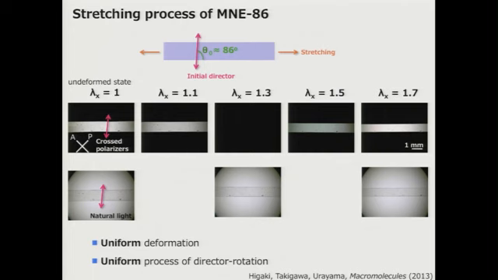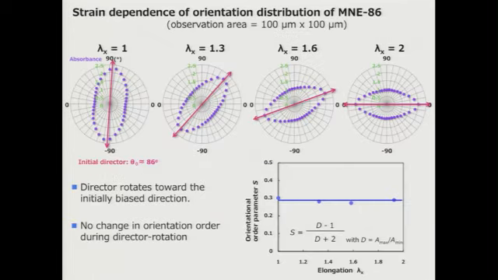Also we examine the orientation distribution by the infrared microscope. The area is 100 micrometers square. So this is the absorbance distribution. The intensity of the absorbance is proportional to the population of the mesogen. Okay. So here in the undeformed state, the pattern is oval because the sample is a monodomain.